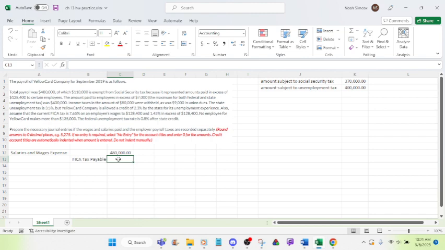Okay, so now we have to calculate this. FICA tax payable is not simply that percentage. FICA tax part 1 is equal to 0.0765 times $370,000.